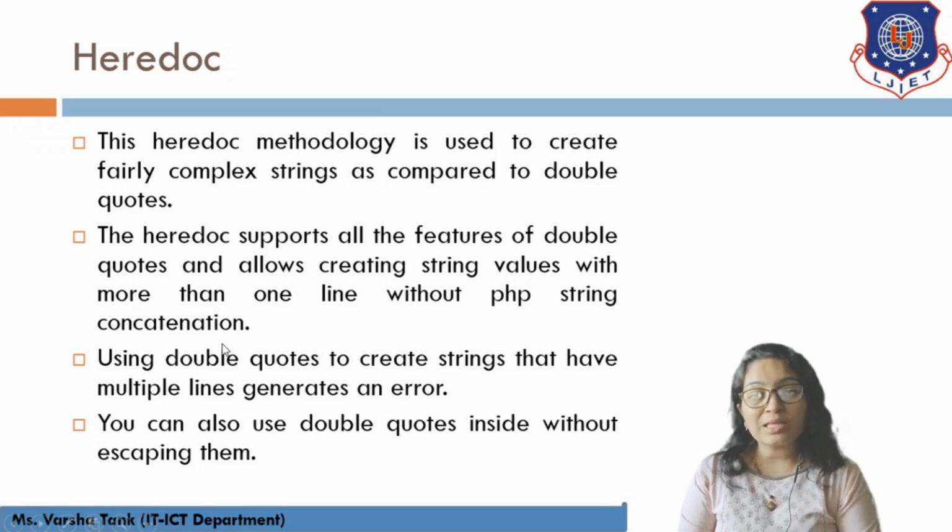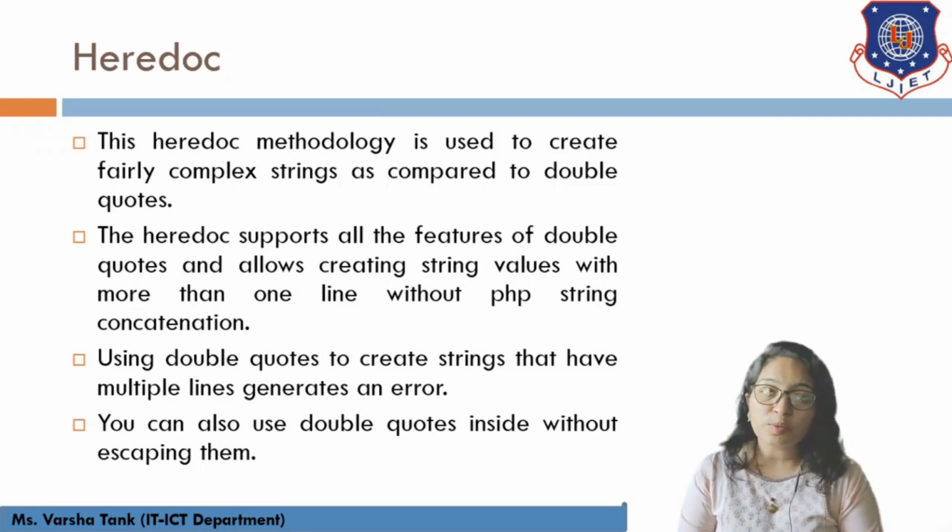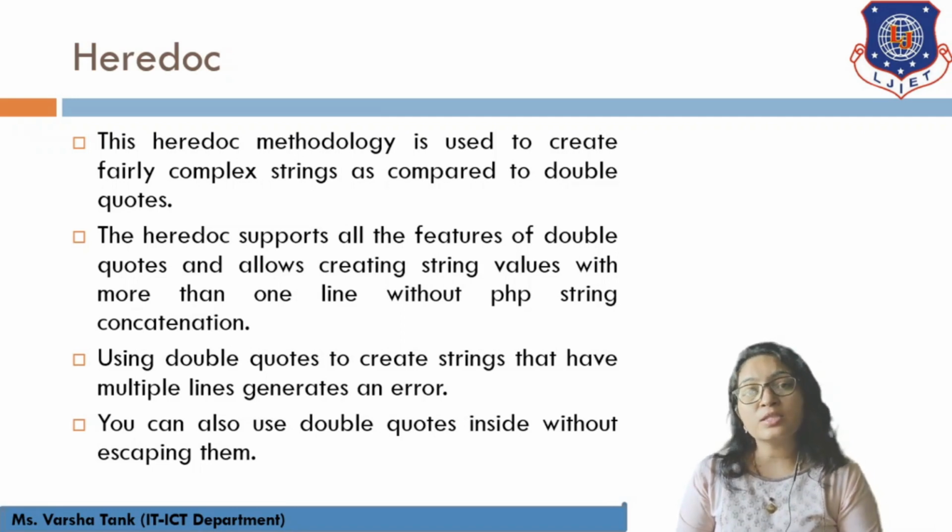If you're using a double quoted string and defining multiple lines, you have to use PHP concatenation. But here it is not necessary. You just define the heredoc string and you can define multiple lines in that string. Using double quotes to create strings that have multiple lines generates an error.